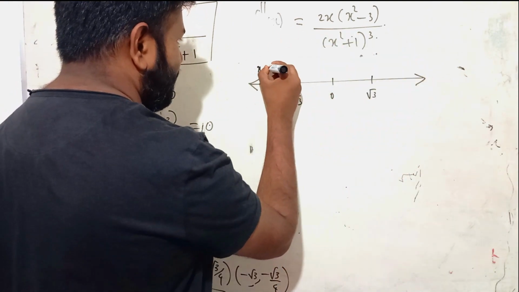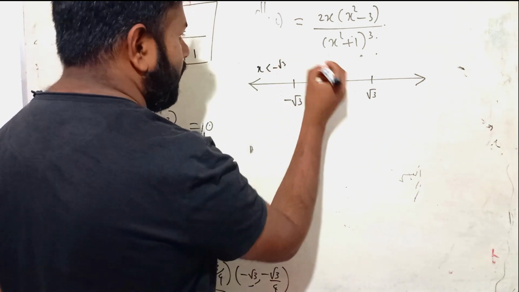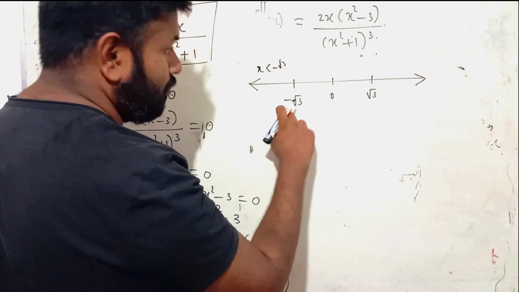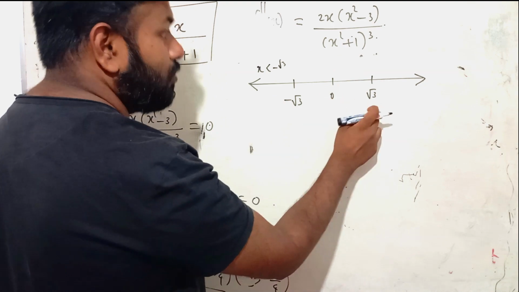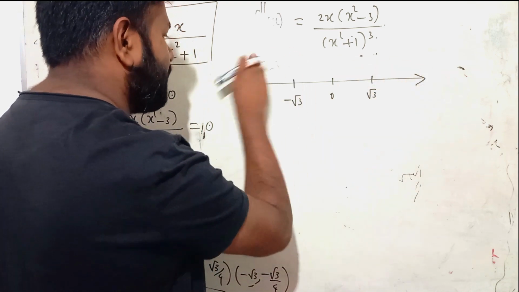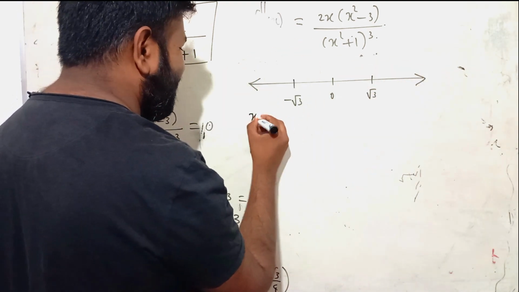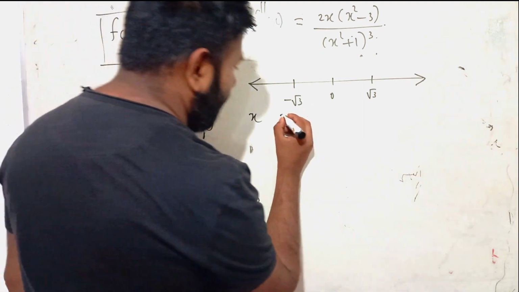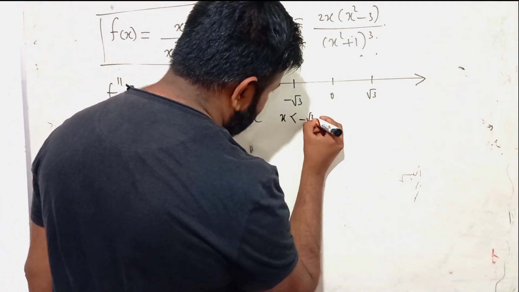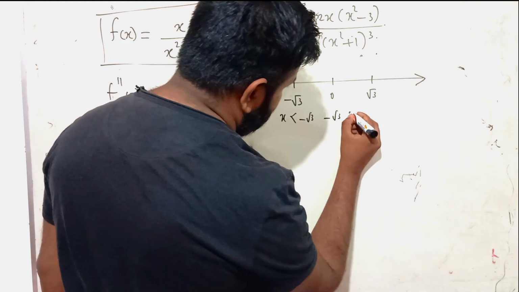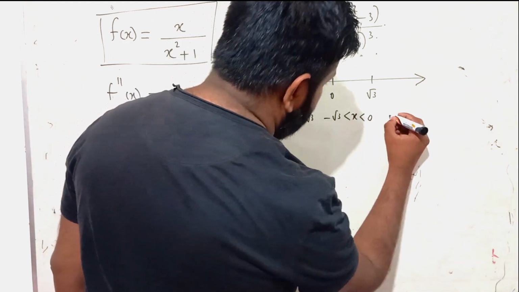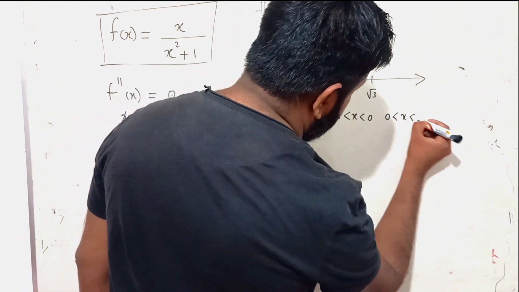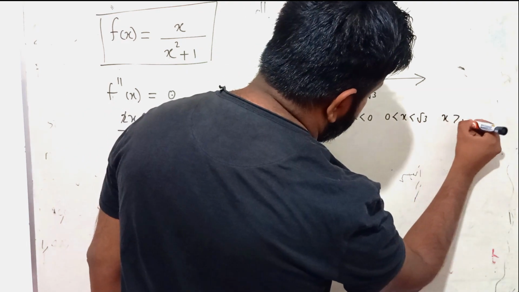So x is smaller than negative root 3, x is in between negative root 3 and 0, 0 and root 3, and greater than root 3. So just draw a table: x is smaller than minus root 3, x is in between minus root 3 and 0, x is in between 0 and root 3, x is greater than root 3.